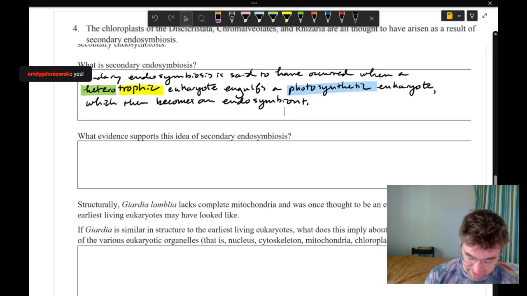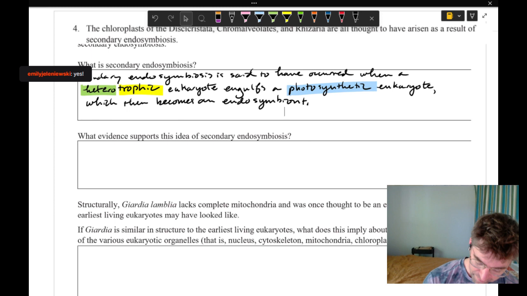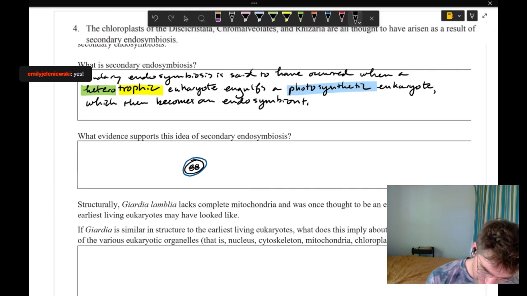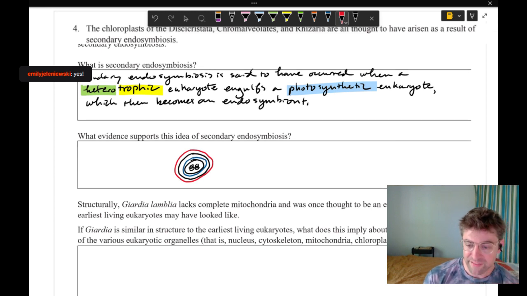What evidence supports this idea of secondary endosymbiosis? Remember before, we were talking about that photosynthetic cell with its chloroplasts, and around it was a membrane of the ancestral organism that ate the first one. And then we had the other eukaryotic organism eat that one.